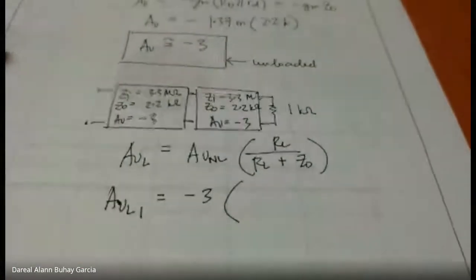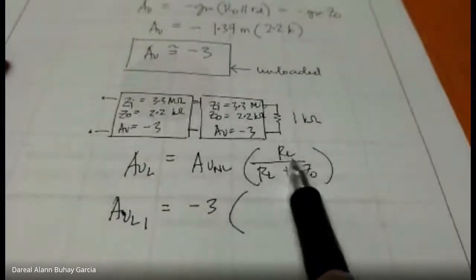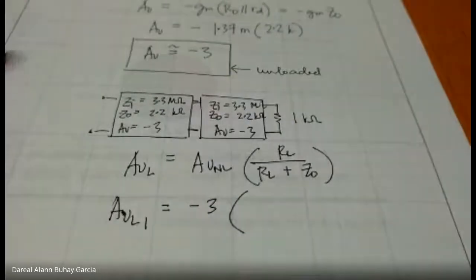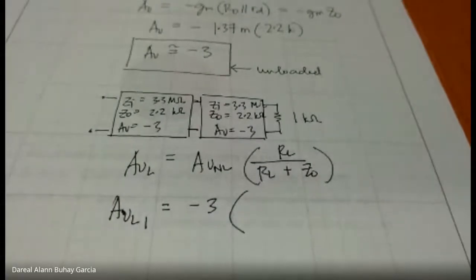So for AVL1, negative 3. What is the RL that amplifier 1 sees? The same formula as before.